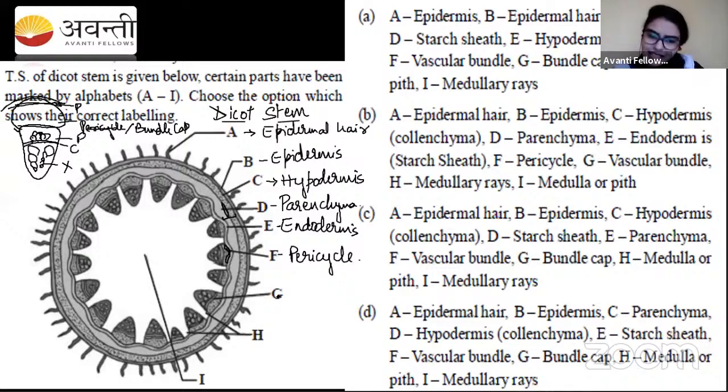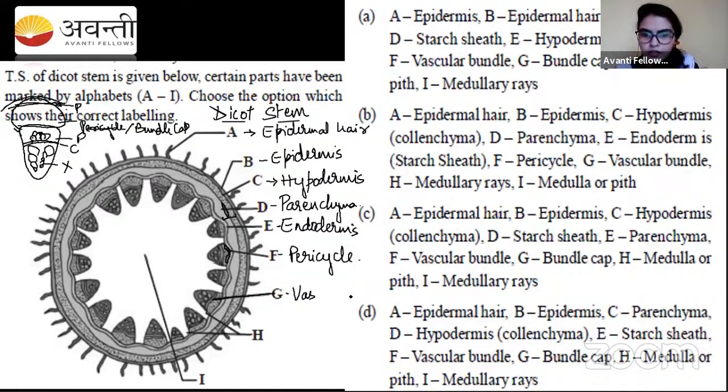Now G is nothing but a vascular bundle. Actually, here they have labeled the cambium. Look at the G option. Have they written cambium anywhere? No, nowhere have they written cambium, so there is no need for the specification. Just explain it as a vascular bundle.